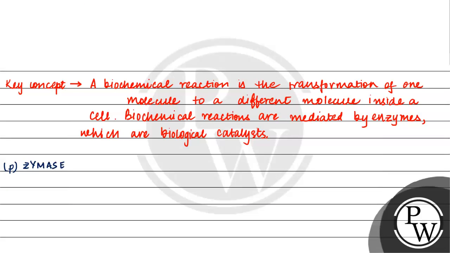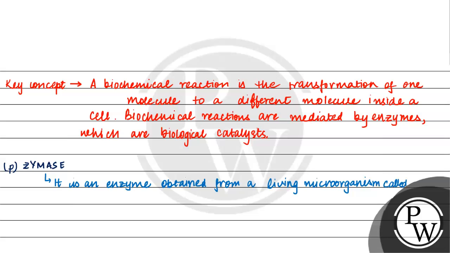Now, if we talk about zymase, हमें पता है it is an enzyme obtained from a living microorganism called yeast. This zymase is used to carry out the fermentation of glucose.